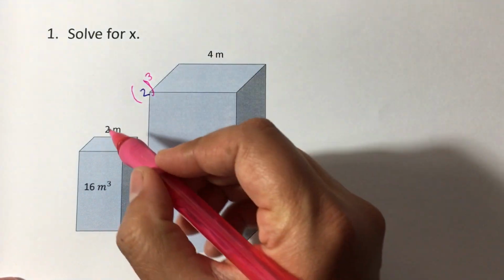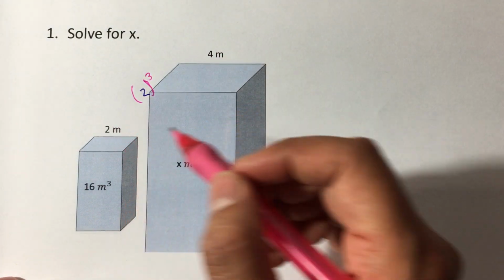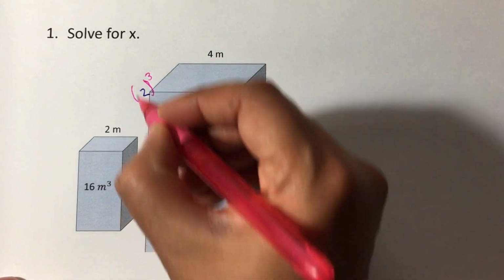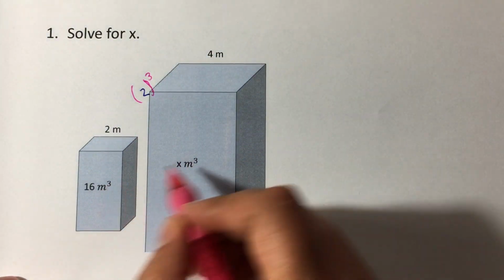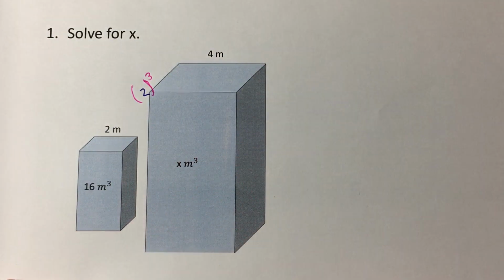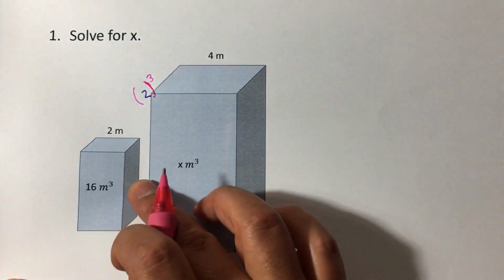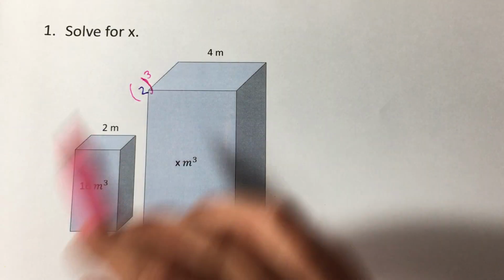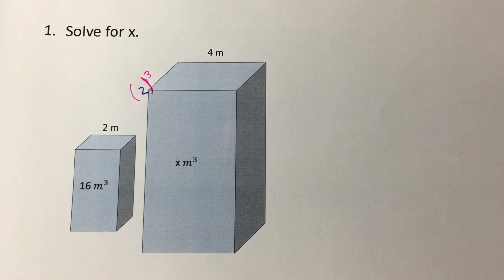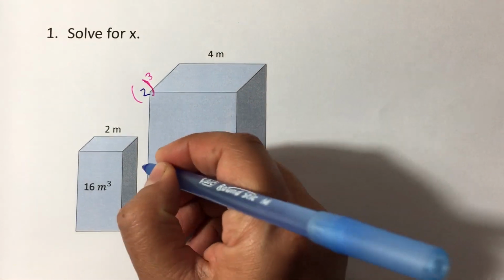I tell my students, if it doesn't have a cube, put the cube. If it has a cube, take the cubic root. Again, this is because these are lengths and I need it into a volume ratio. 2 to the 3rd power means 2 times 2 times 2, which is 8.